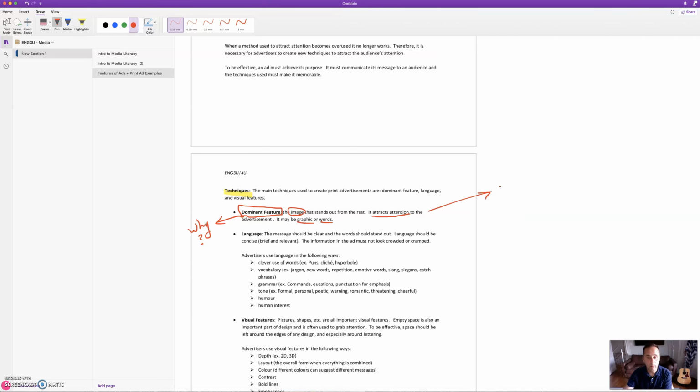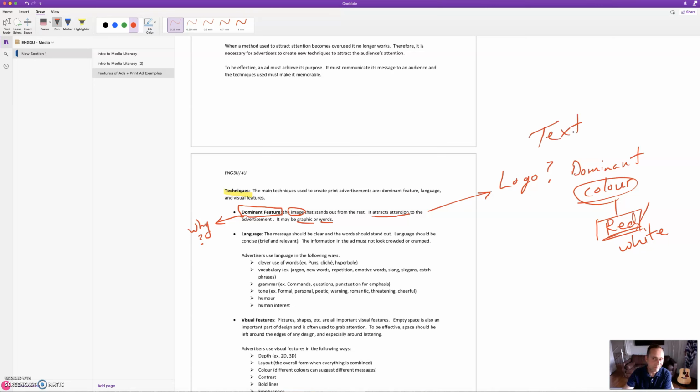So, is it the logo? Is it a dominant color? We saw with the Marlboro cigarettes ad, color was important. They chose this red and white dual tone, and red was the dominant one. So that was clearly the dominant feature of the ad. It wasn't really the text, wasn't really the logo. Overall, the whole thing was really red.